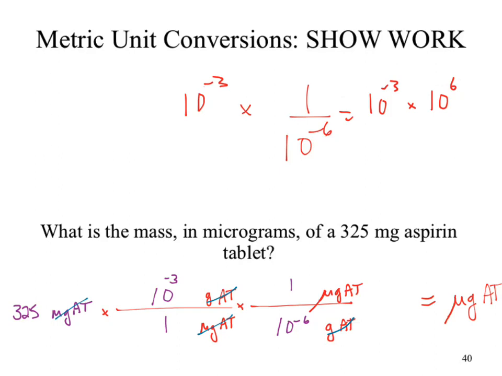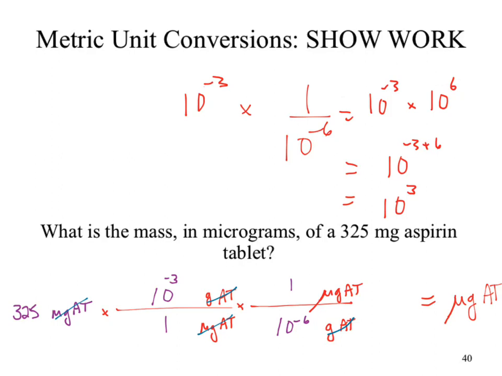Because my bases are the same, I can add those powers. 10 to the negative 3 plus 6, which equals positive 3. And you said it was 1,000. What is 10 to the third? 1,000. They come out the same.